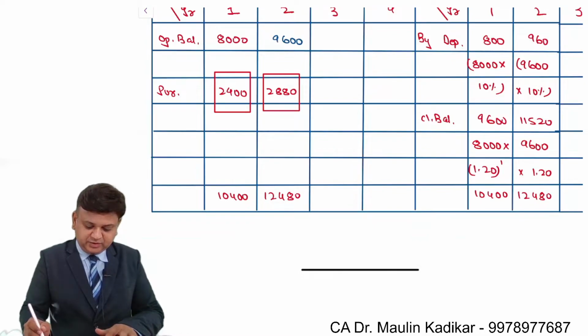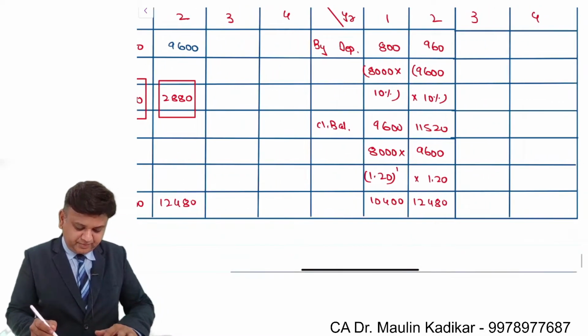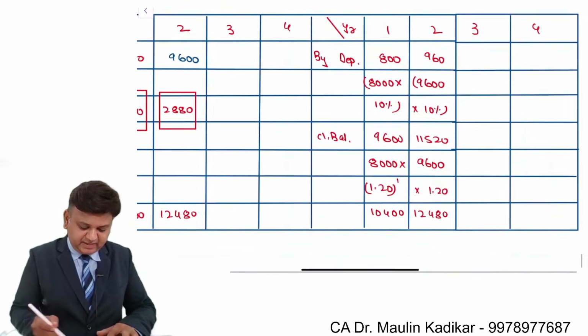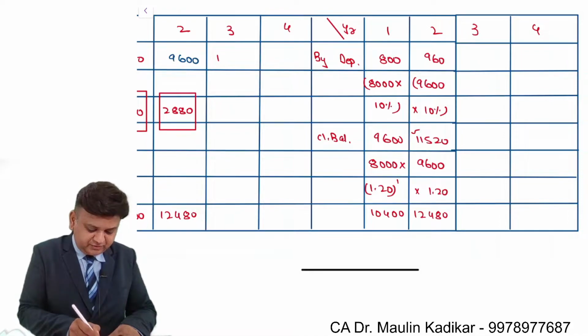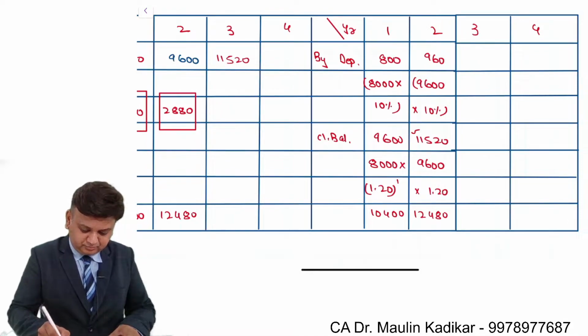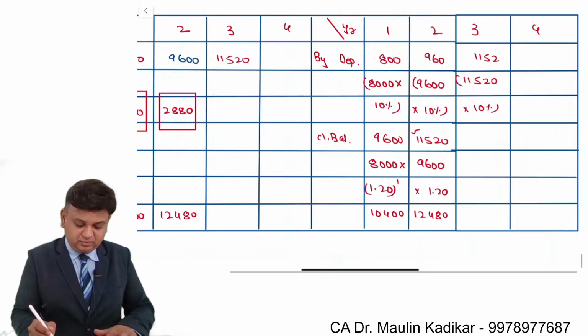Next, for the third year, again the depreciation will be calculated. The closing WDV at the end of the second year is opening for the third year. 11,520 into 10 percent. That is 1,152.